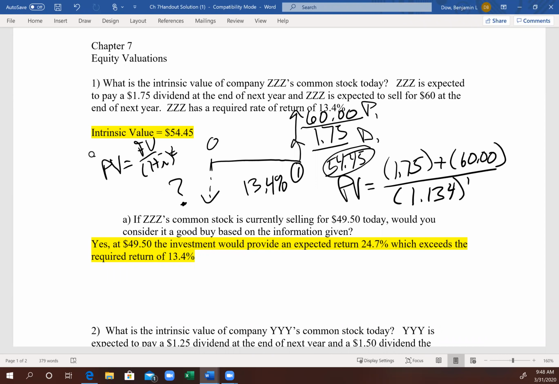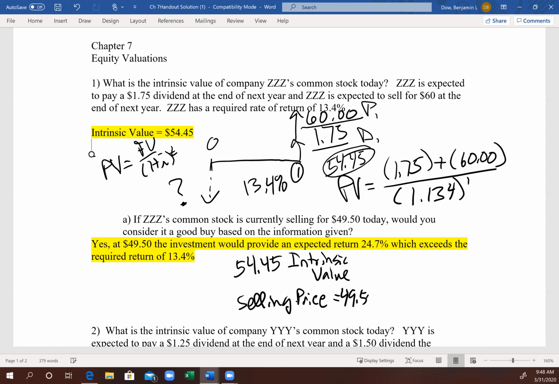So now the question is, if our intrinsic value is 54.45, does that mean that the investment is a good one if the current market price or selling price is $49.50?